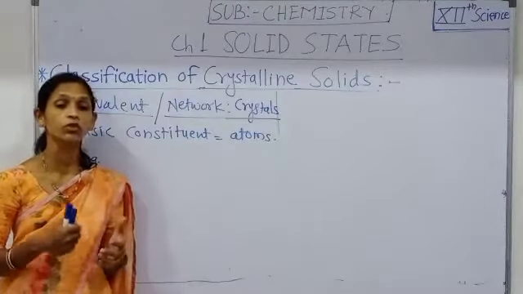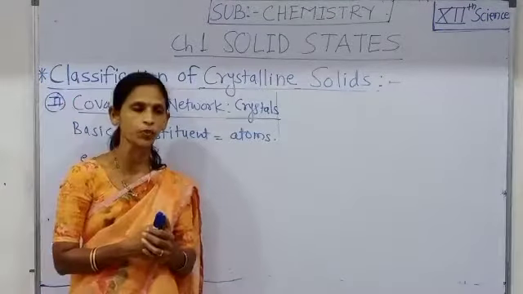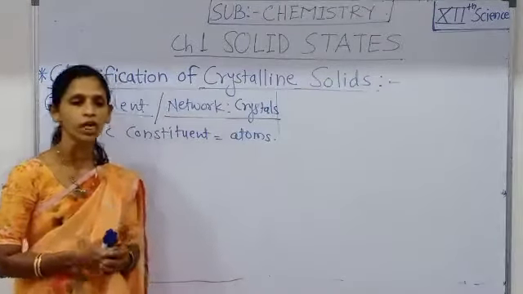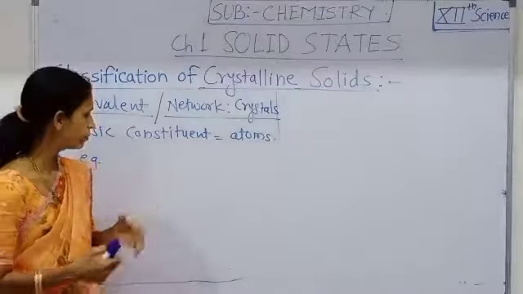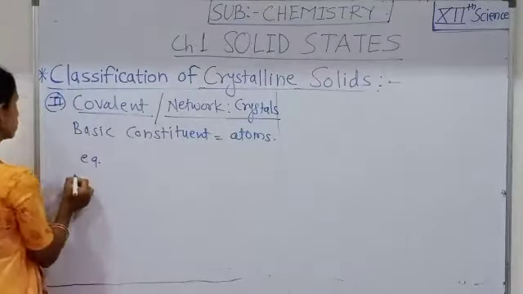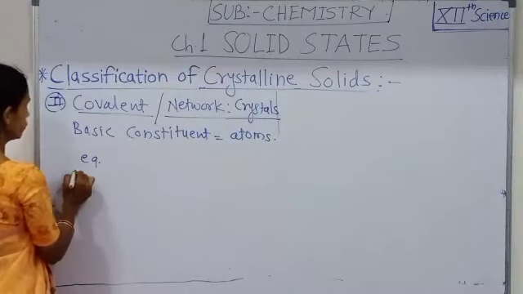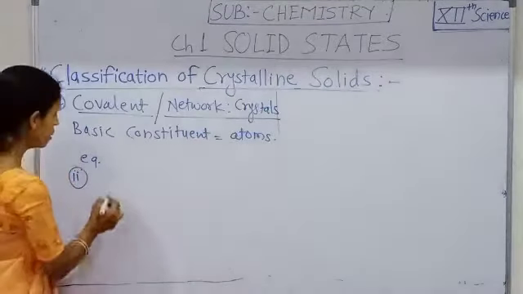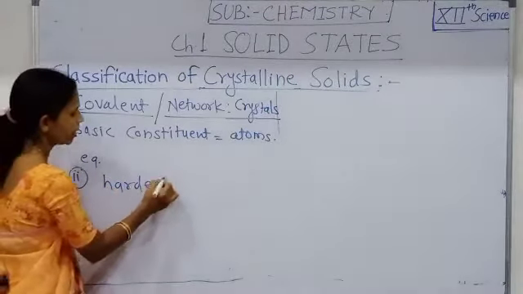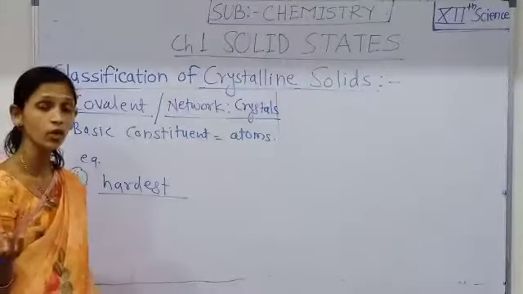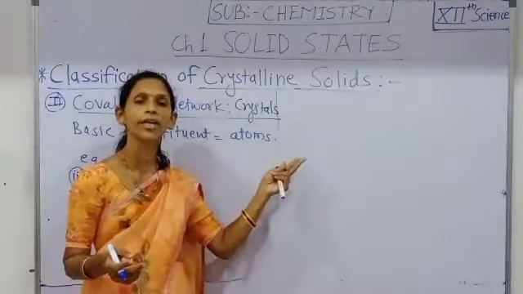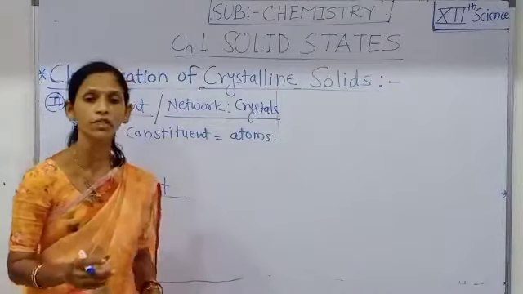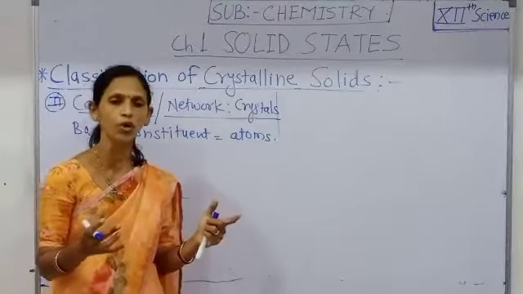It is because a strong network forms due to covalent bonds, and the covalent bond is the strongest bond. Therefore, the giant structure of that crystalline substance makes it the hardest. For example, diamond, whose giant network you all studied, has a three-dimensional network which forms the giant molecule.